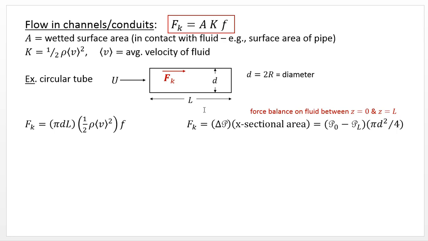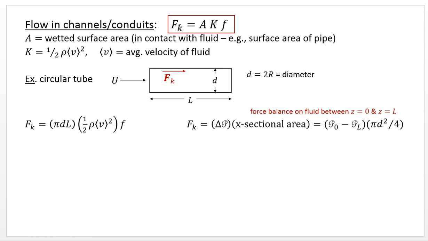This tube has diameter D and length L, and so the force Fk acts on the walls of the tube in the direction of the bulk flow. This would be the shear stress integrated over the surface area of the solid in contact with the fluid.